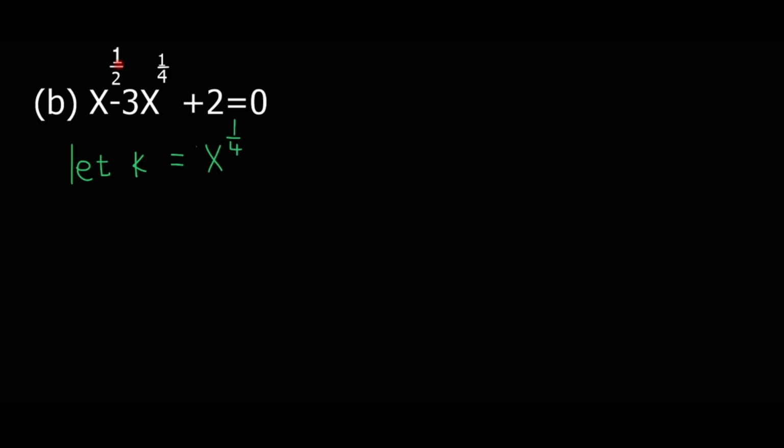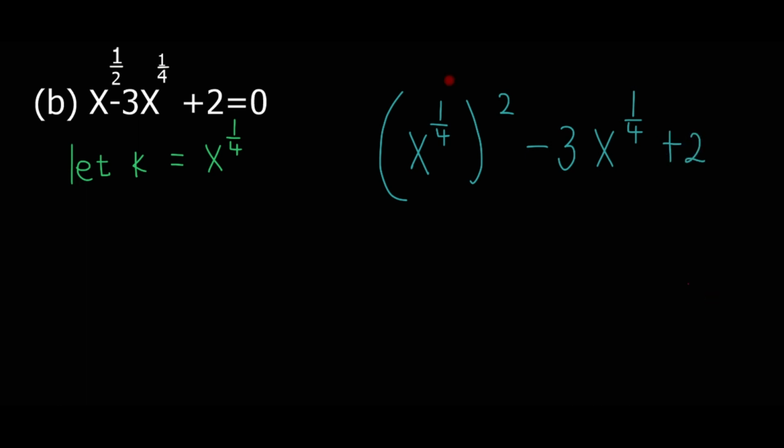So we say now this one equals k squared. Remember this is the same as saying x to the exponent 1 over 4 times 2, which is a half.